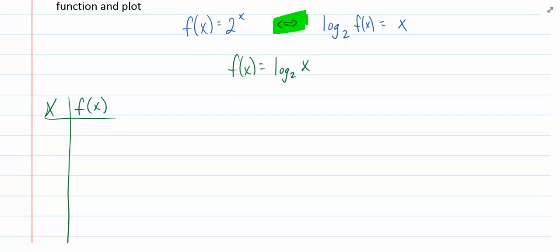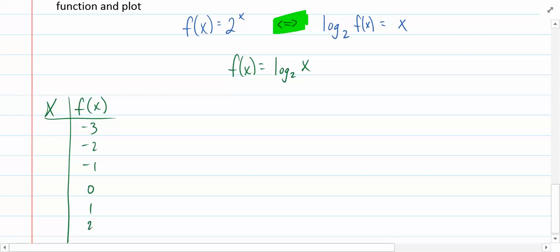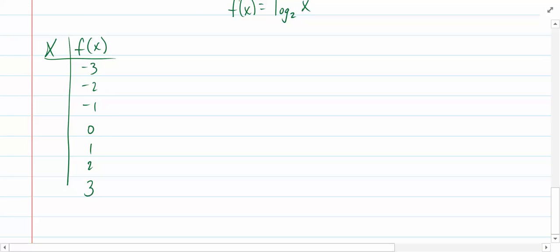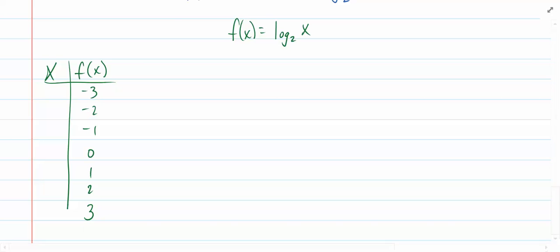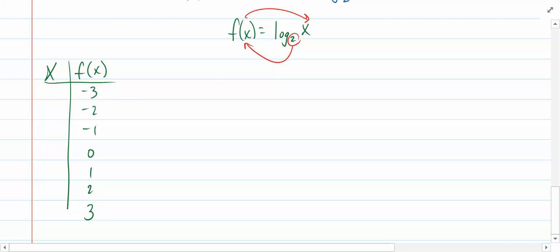So let's say that we leave f of x equal to -3, -2, -1, 0, 1, 2, and 3, just like we did in that last problem. And you'll start to see that when 2 is raised to the f of x power, that would be equal to x. So 2 raised to the -3rd, well, we've seen that before.